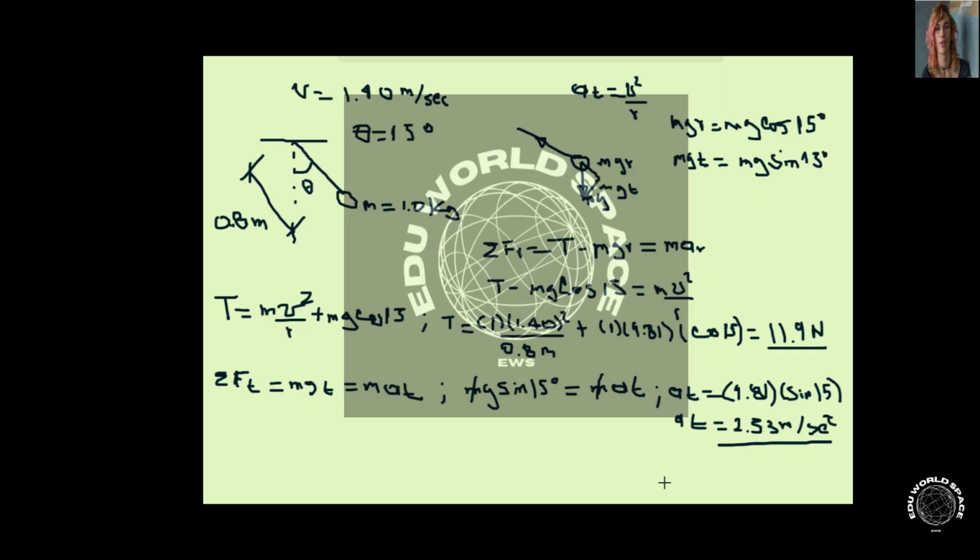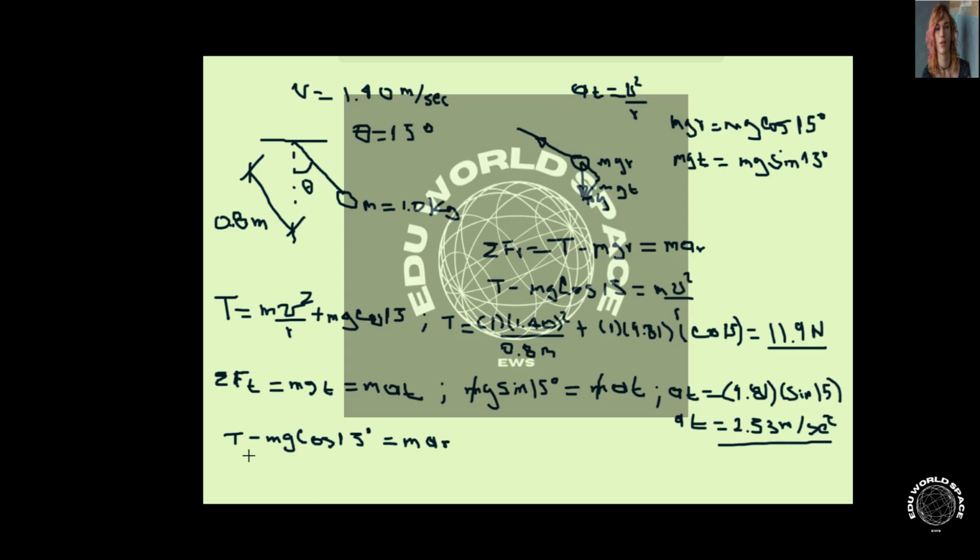Finally, we can go back to this equation, and we know that T minus mg cosine 15 is equal to m ar for the radial acceleration.